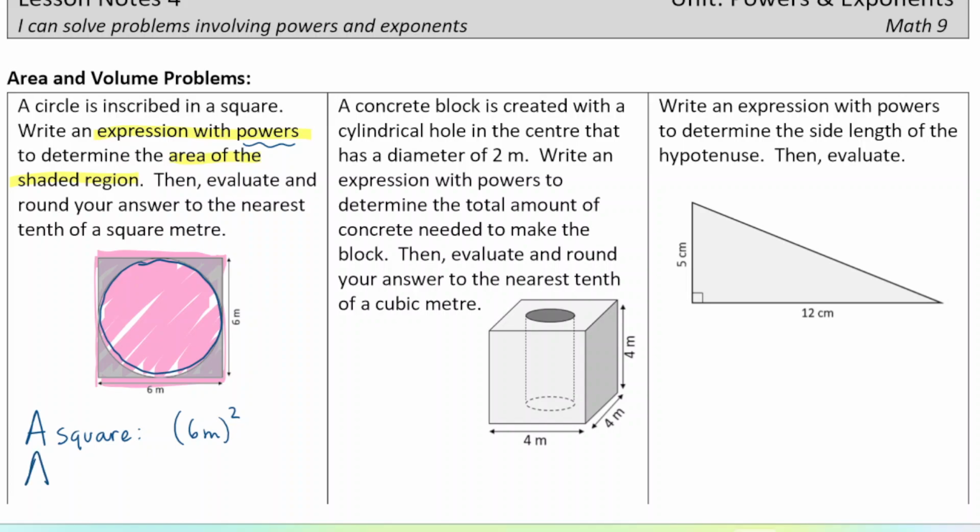And then the area of the circle, so any circle is pi times radius squared. And the radius of the circle, I'm just going to label it here, r is half of 6, which would be 3 meters. So the area of the circle would be pi times 3 meters squared.